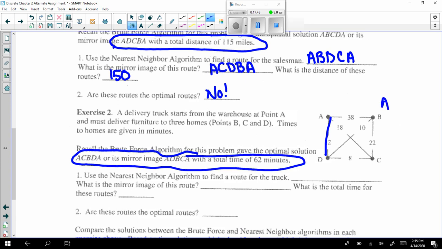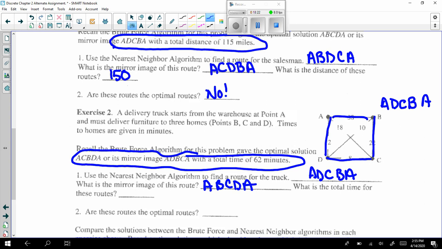So I went from A to D, and then from there I went D to C, and then I went back to B because I can't create a circuit before it's too early, and then I went to A again. So I went A, D, C, B, A, or the mirror image of that, which is A, B, C, D, A. Now let's talk about what the length is for these routes.